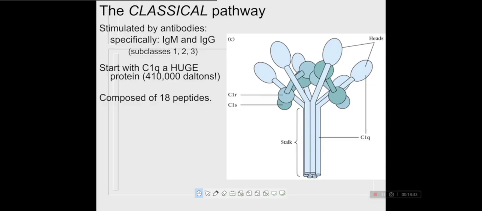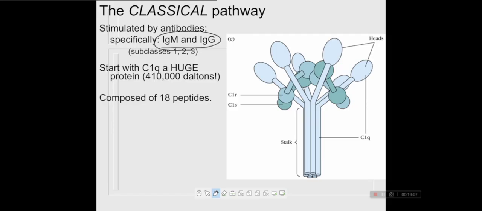See, this is the stimulation by antibody, especially IgM and IgG. Because in the previous slide, we already saw that the classical pathway is an antibody dependent pathway, right? There are 5 subclasses of antibody, so this pathway depends on which subclass? This depends on IgM and IgG.